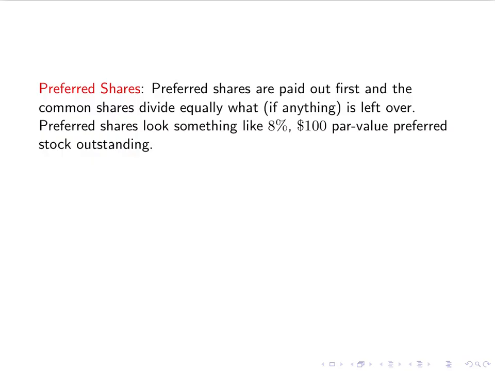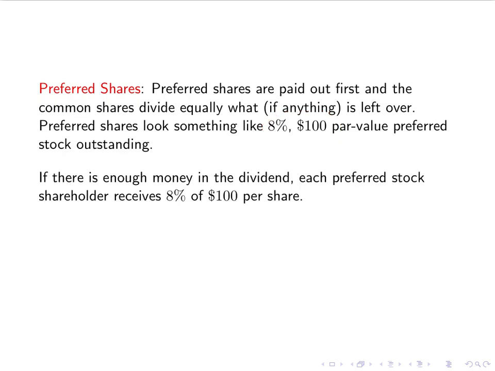It looks a little wordy, but the only thing that we really care about is this part here: what percentage of what dollar amount? If there is enough money in the dividend, each preferred stock shareholder will receive that percentage of that dollar amount per share. In this case, they would receive 8% of $100, which is $8. So assuming there's enough money, that's what's going to happen.